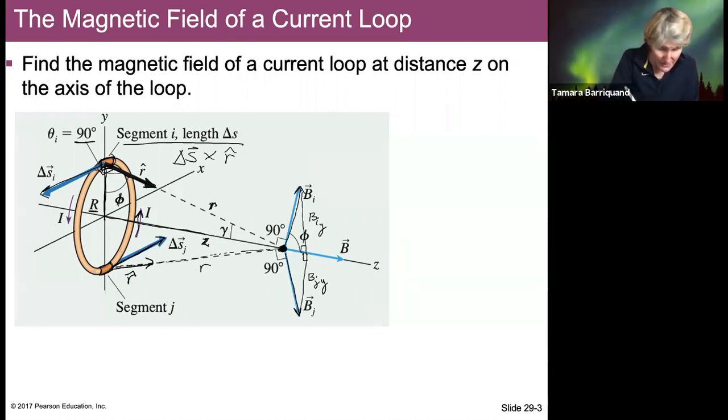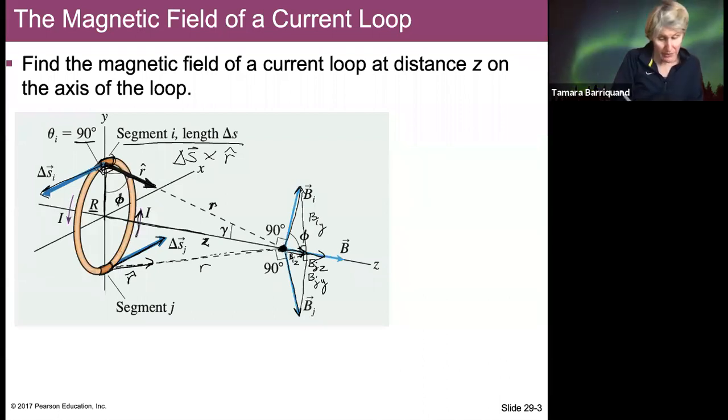Then the components in the Z direction, BIZ and BJZ, will add in the Z direction.